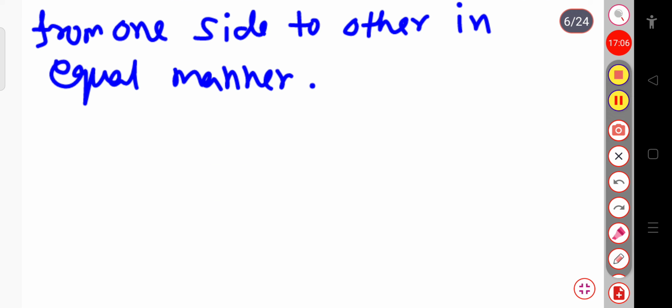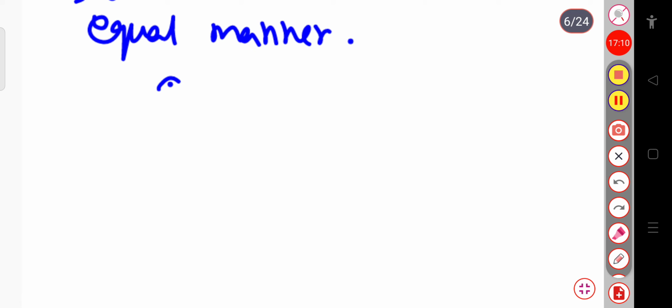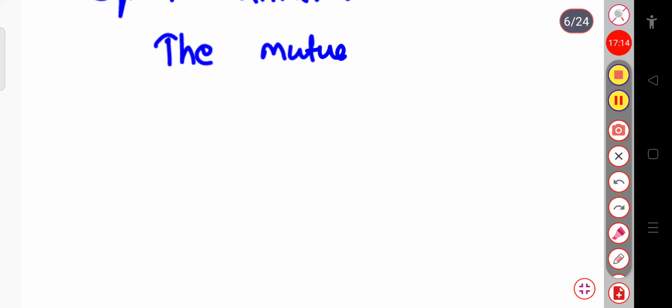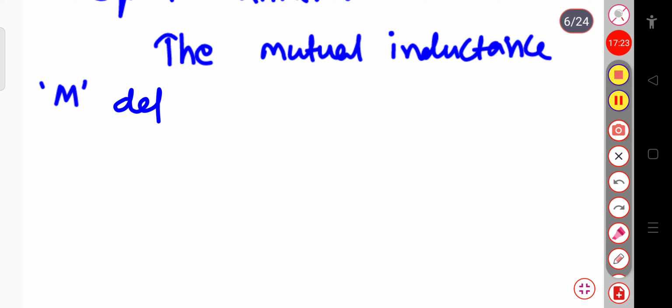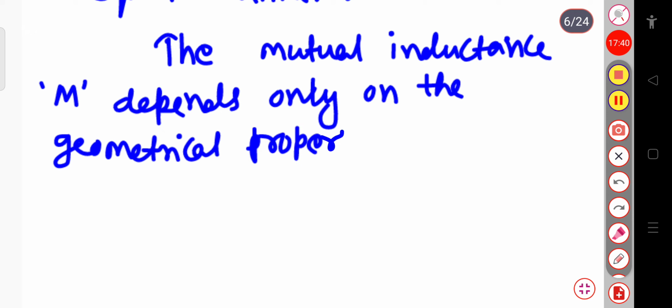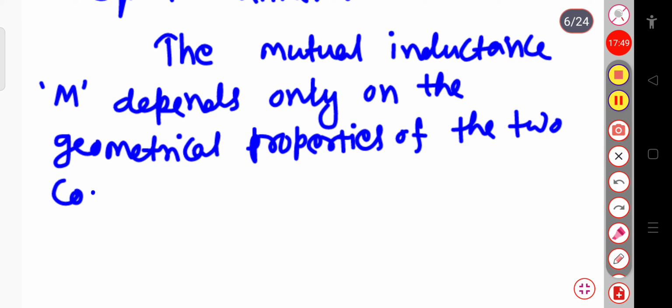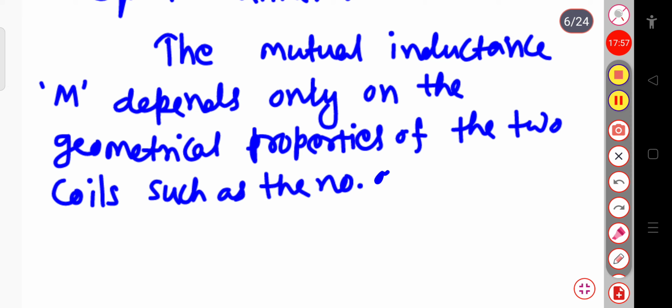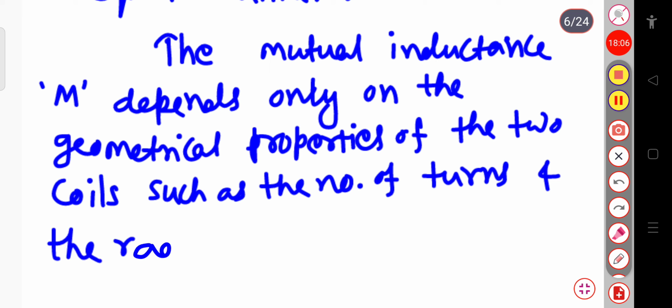And also we should note that this mutual inductance M depends only on the geometrical properties of the two coils, such as the number of turns and the radii of the two coils.